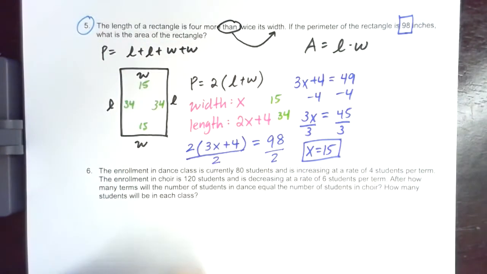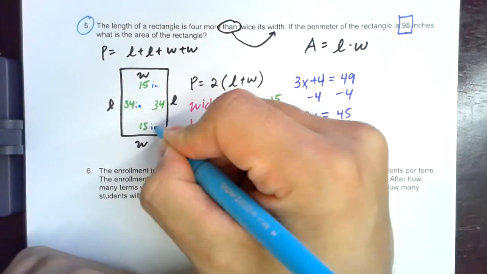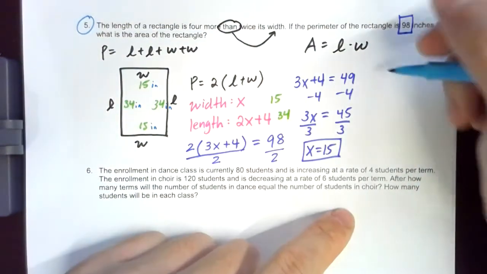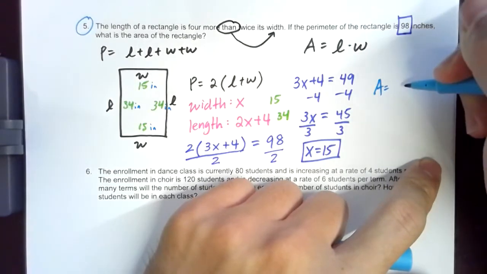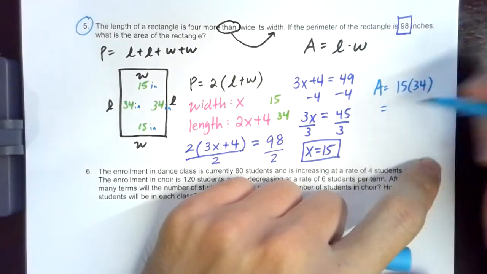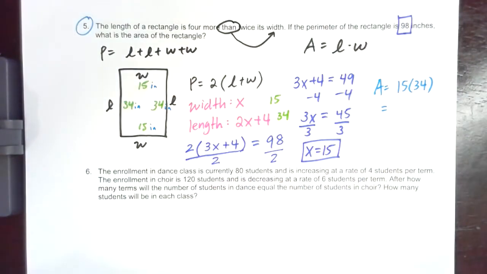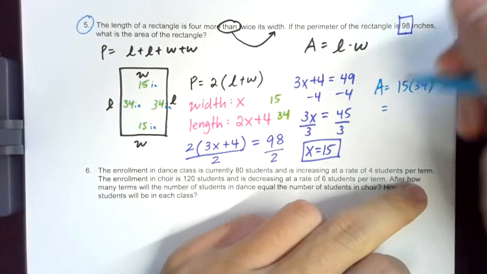The final answer says, what is the area of the rectangle? By the way, these are all in inches. It would be nice if we provided the units. The area is simply going to be 15 times 34. The first person that announces what 15 times 34 is wins. What is 15 times 34?